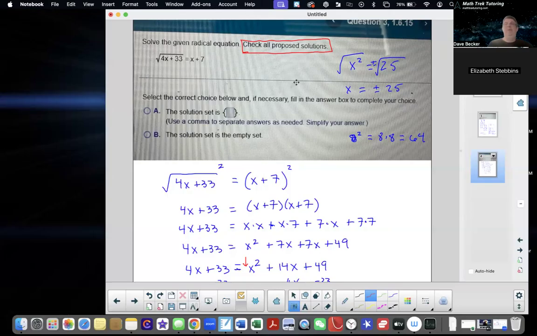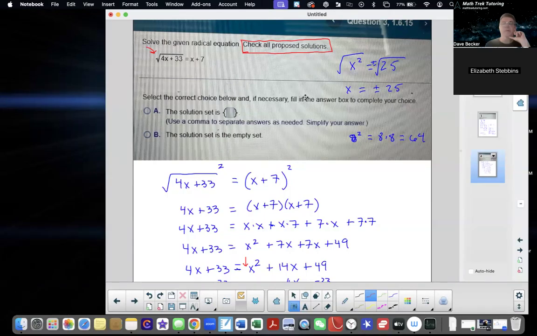The reason that it's there is in the original equation, we have a square root. And the square root of negative numbers is undefined. It doesn't exist.